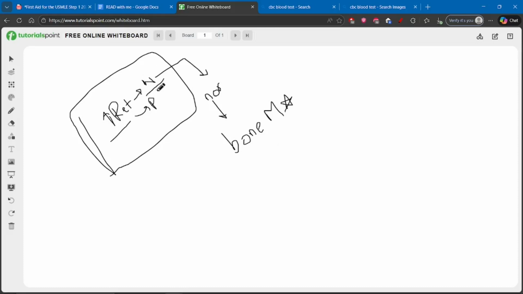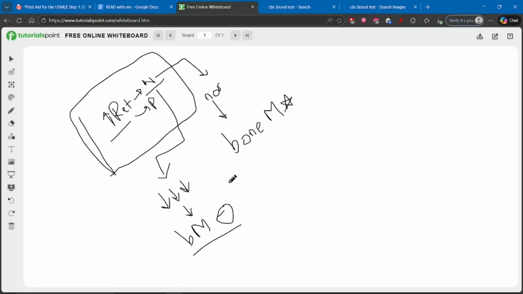If the newly produced reticulocytes are decreased in levels, this indicates that the bone marrow, I'm writing bone marrow as BM for short, is not normal, right? This shows that the bone marrow is not normal. There is some problem with the bone marrow because the bone marrow is not producing enough reticulocytes.